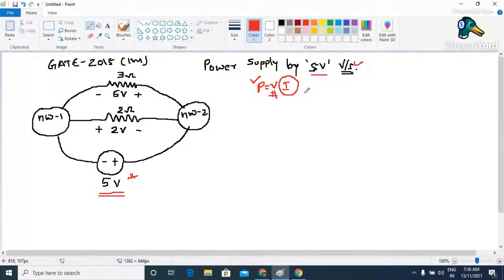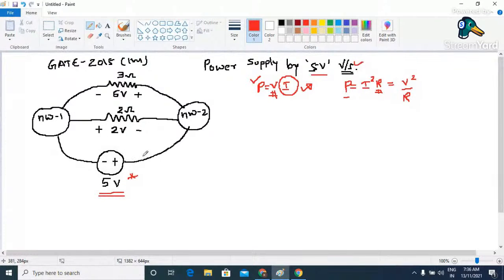In the same way, we have another formula to calculate the value of power, which is nothing but I square into R, or we can also write this particular formula as V square divided by R. Now, based on these three formulas, in this particular case, in order to calculate the value of power through this equation or this equation, we should know the value of this R, where this R is going to be the internal resistance of this particular voltage source.